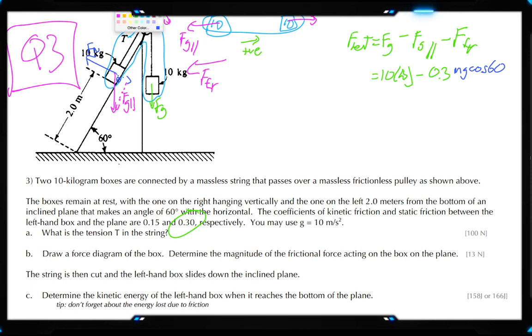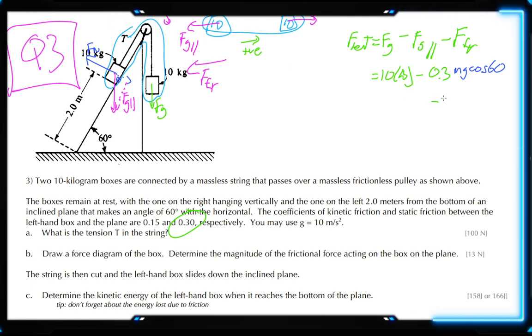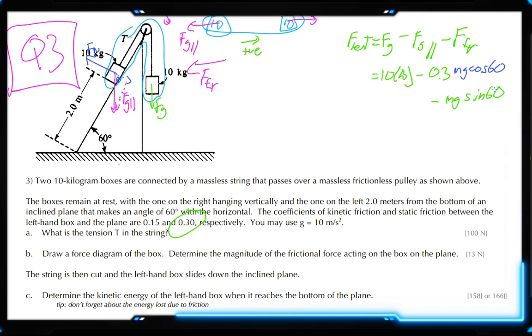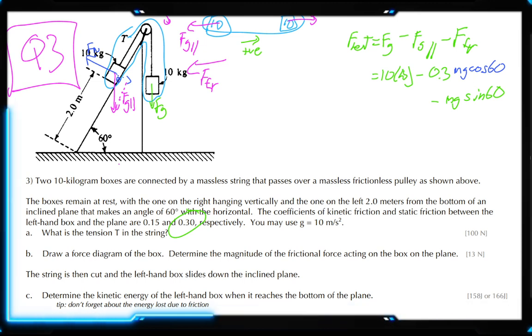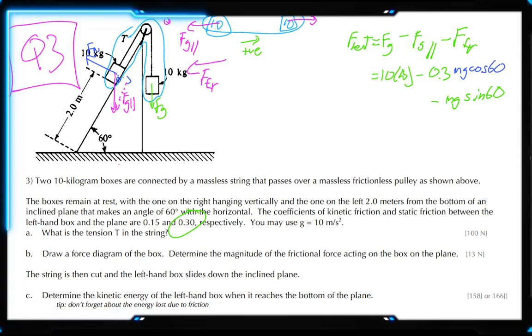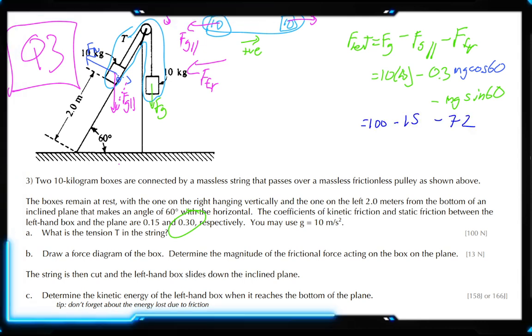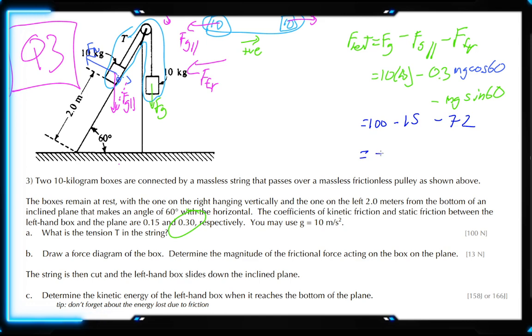I've rearranged these terms, unfortunately, minus the component of gravity mg sine 60. Okay, and when you do the numbers, it does look like this net force value is going to be negative.